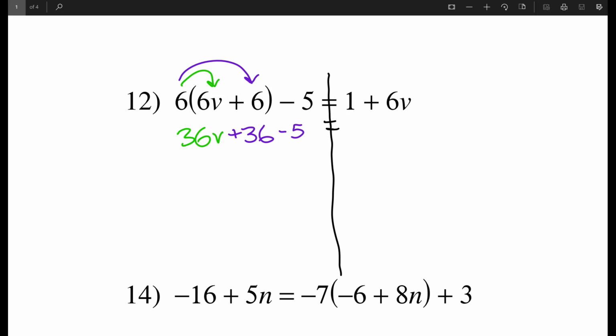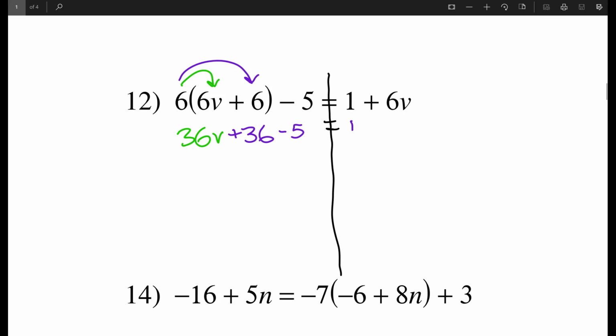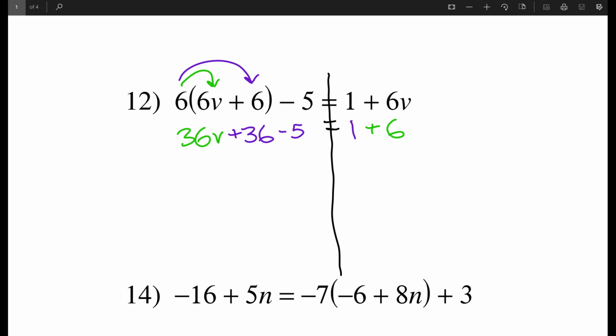Now, in purple I have my constants. They're the things that are not with the variable. And in the green I have my variable and its coefficient. Over here I have 1, and the plus is with the 6v. Here's what we've got. Now, we need to get things on the proper sides.